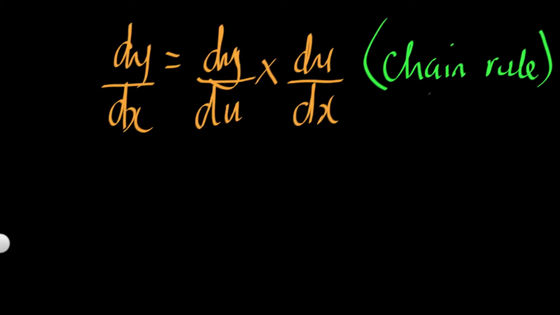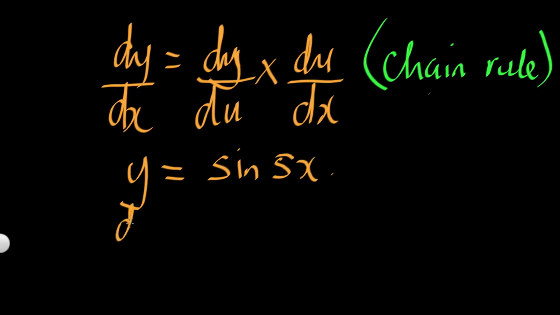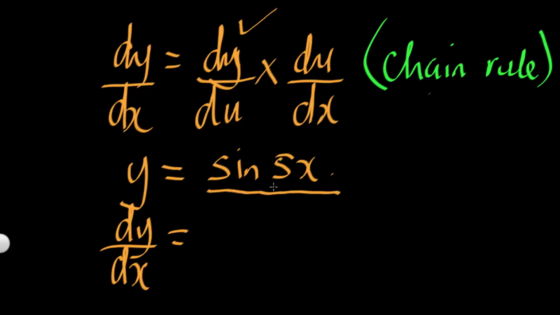So let us apply it to a situation where we have y is equal to sine 5x. This is a function of a function. So dy dx is equal to dy du, which means you are just differentiating this the way it is. You differentiate it as a sine, as a function of sine.